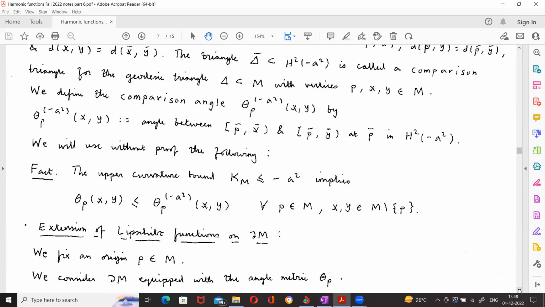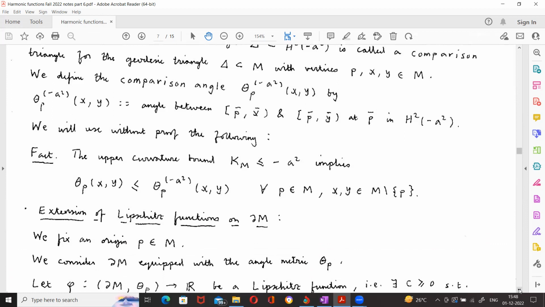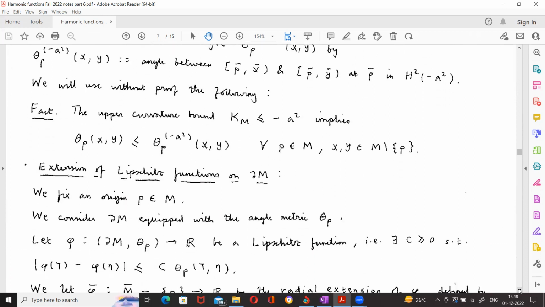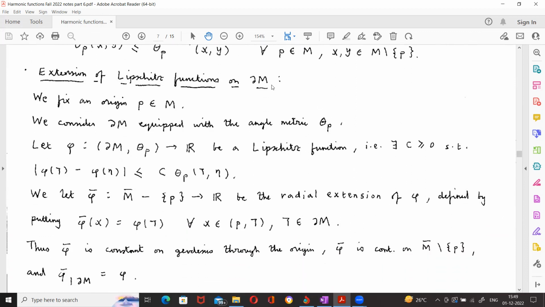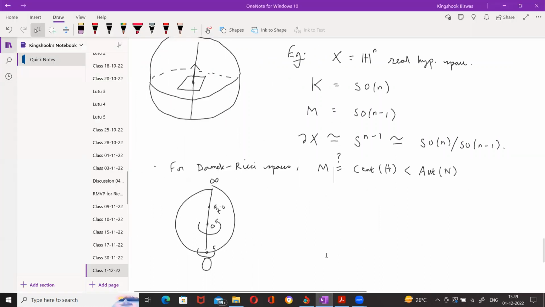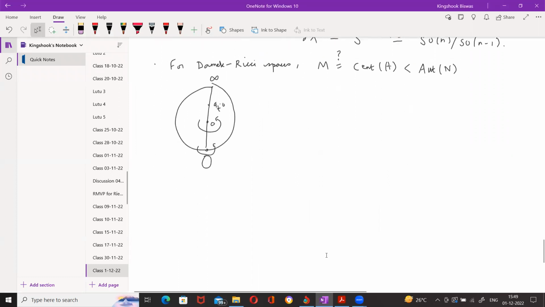Okay. So now we come to the solution of the Dirichlet problem for a Lipschitz function on the boundary. So you fix an origin P in M, and you consider the boundary of M equipped with the angle metric theta P. So theta P means the angle between the geodesic rays going to two boundary points.